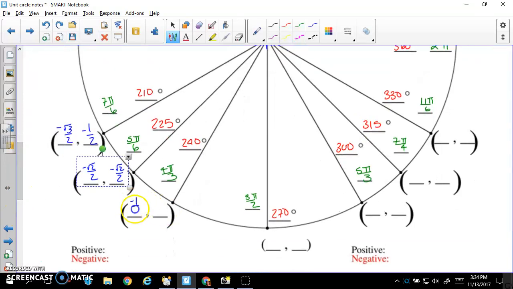Here I have negative 1/2 and negative square root 3 over 2. This one is going to be 0 and negative 1. Then here I have 1/2 and negative square root 3 over 2. Now I have square root 2 over 2 and negative square root 2 over 2. Square root 3 over 2 and negative 1/2.